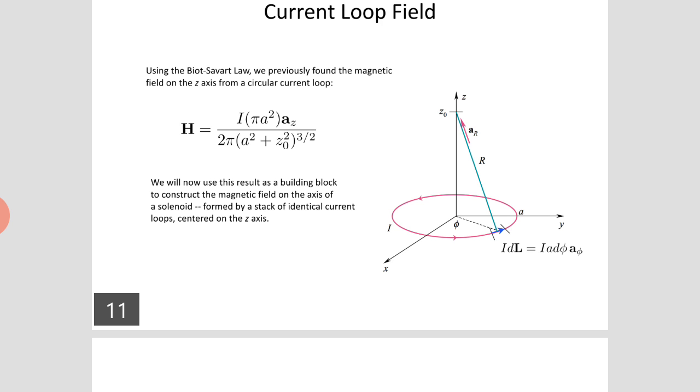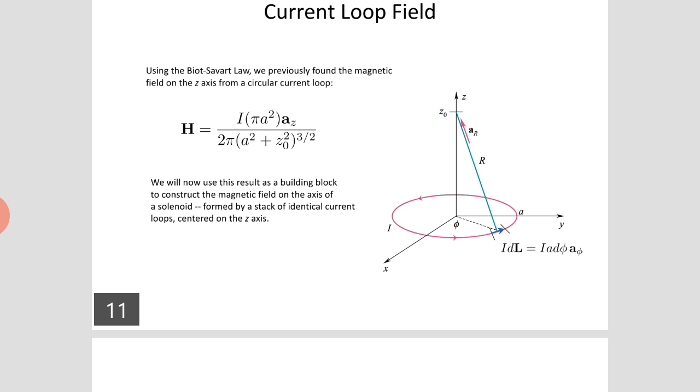You can observe in the figure the x, y, z axes, and the current loop field element, which is equal to I a dφ aφ, with radius a.